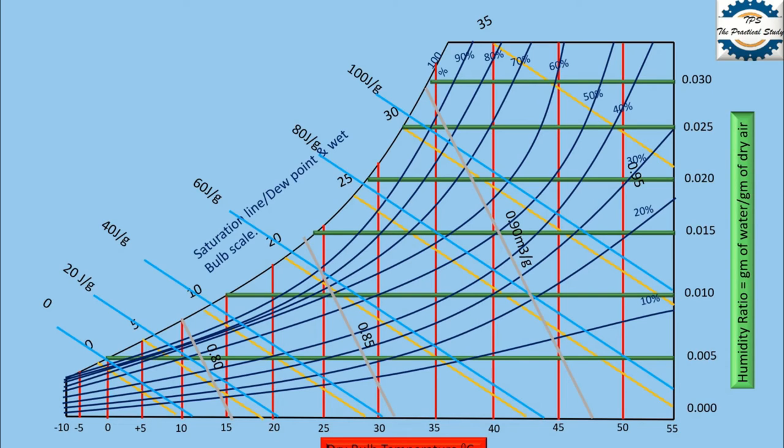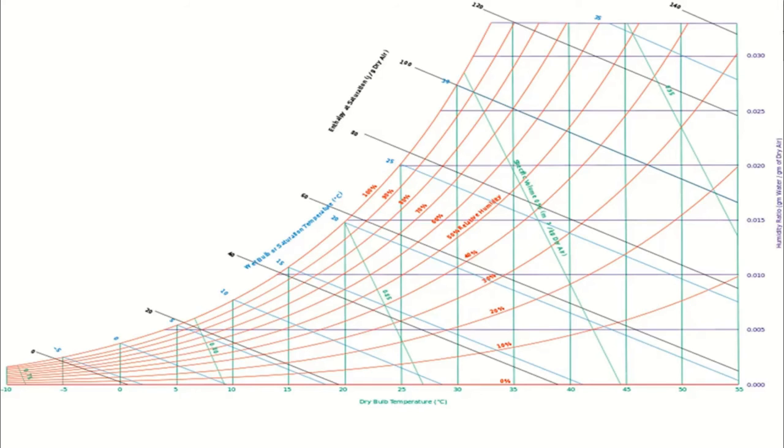For calculation of parameters, I think we move to a professional chart. In order to get the correct values, in order to use the psychrometric chart, you must have two parameters. If you have two parameters, then by the intersection of those two parameters, you can find all other parameters.